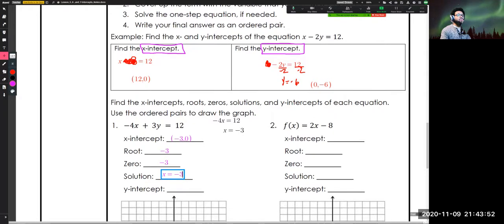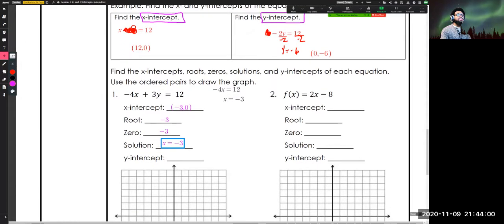And now it's asking for my y-intercept. To find my y-intercept, I'm going to scribble out my x right here. And what I end up with is 3y equals 12. So let's undo that, and then I'm going to type out that new equation. 3y equals 12. To solve this one for y, I just divide both sides by 3.